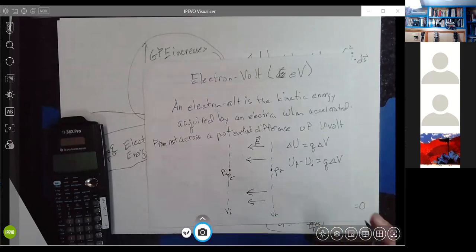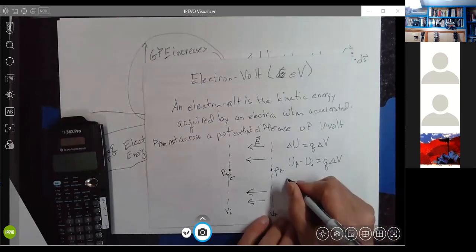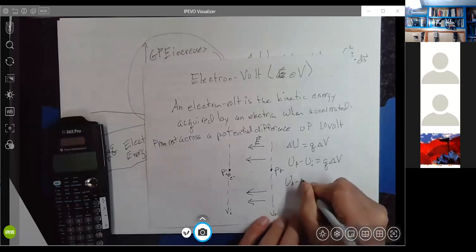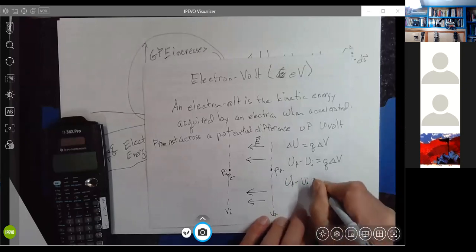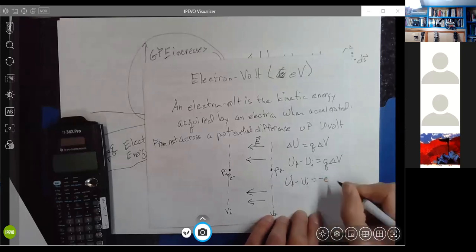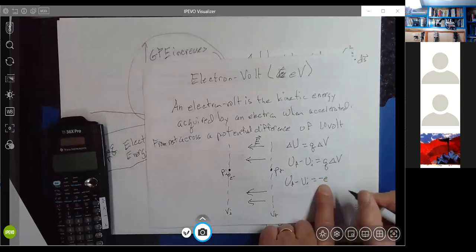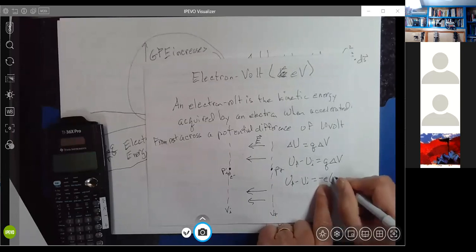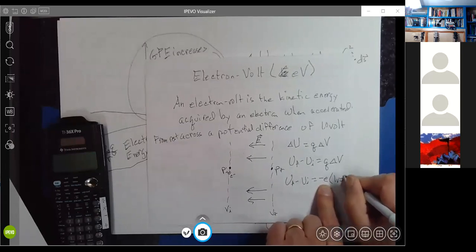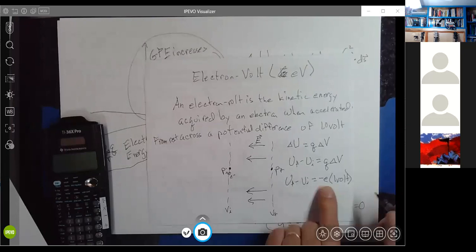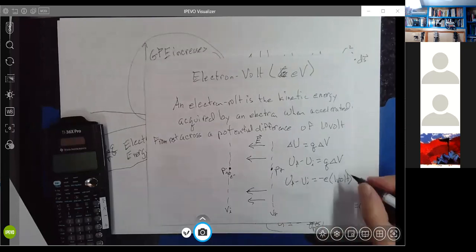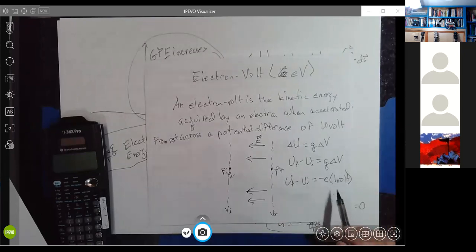So U final minus U initial is going to be minus e, where e is the abbreviation for the charge on the electron, times 1 volt. A volt is a joule per coulomb, and that will show up as kinetic energy of this electron.